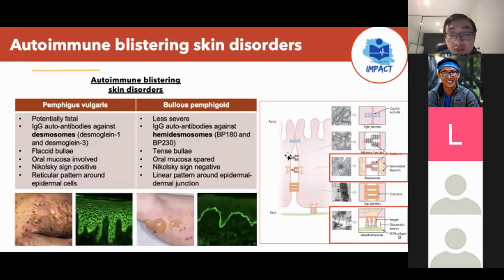Now, pemphigus vulgaris classically produces a flaccid bulla, or blister, and I've included a photo of an example of pemphigus vulgaris. It looks quite different. It's a flaccid bulla, not a tense bulla like the one we have. And classically, pemphigus vulgaris involves the oral mucosa.